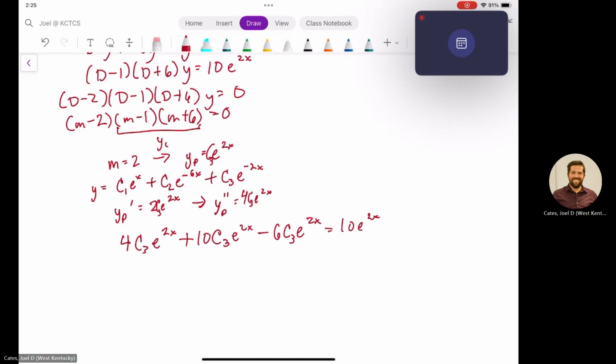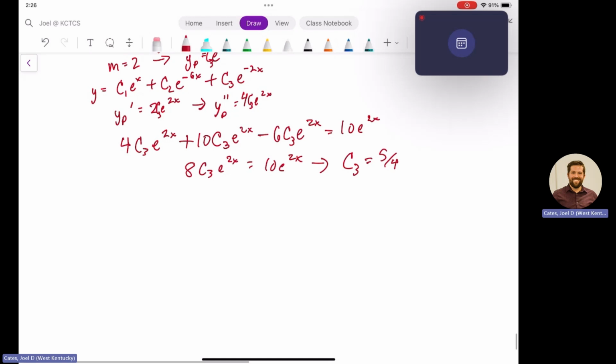Let me double check my numbers here. So I've got 4 plus 10 minus 6, that should be 8. 8 c sub 3 e to the 2x is equal to 10e to the 2x. Well, I hope that you can see that c sub 3 is 5/4.